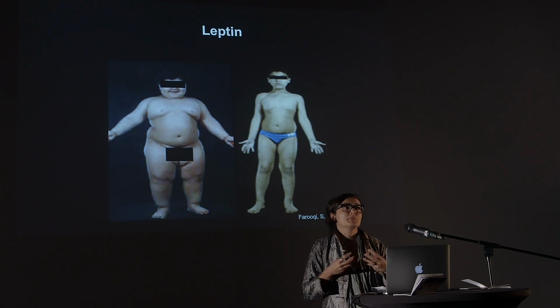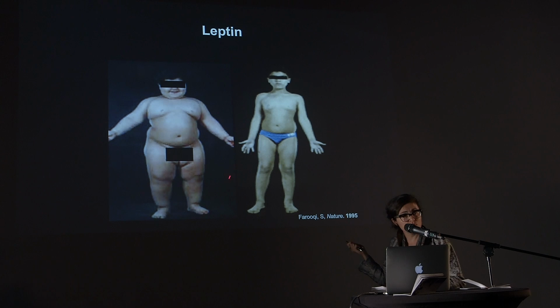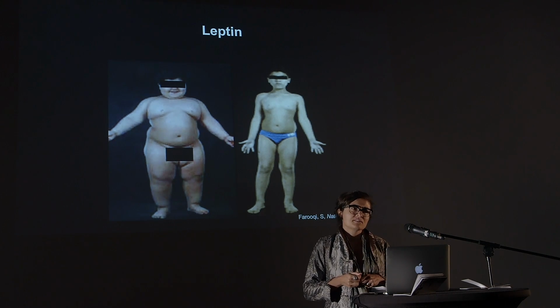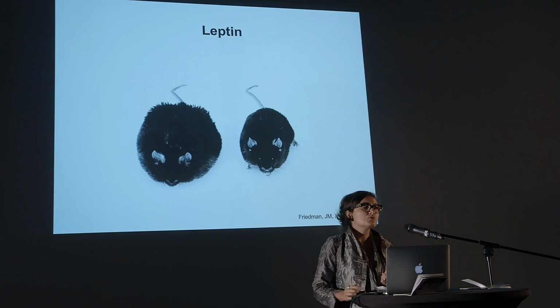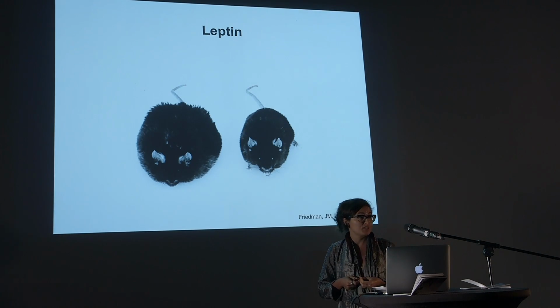You normalize their behavior. Basically, this is a normal child that has been cured by injections with the hormone that it's missing, and this is the same child before the injections. And the wonderful thing about science is that it doesn't work just for humans. It also works for any of the mammals that bear the same mutation.